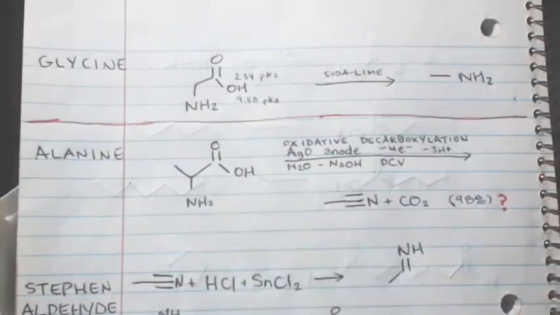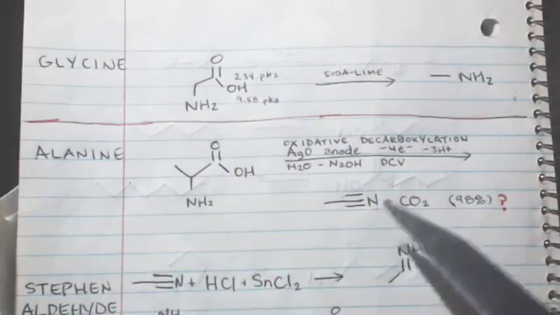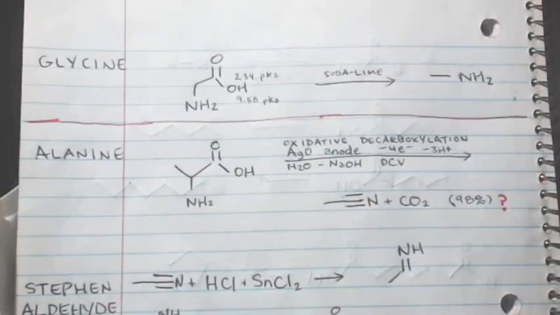Two H's come off, and this single bond turns into a triple bond, and the carboxy group comes off. Now you have a nitrile. This is actually the smallest or simplest nitrile that you can have. It's a hydrocarbon. You know what I mean? It's not a salt like potassium cyanide. This is hydrocarbon nitrile or cyanide.